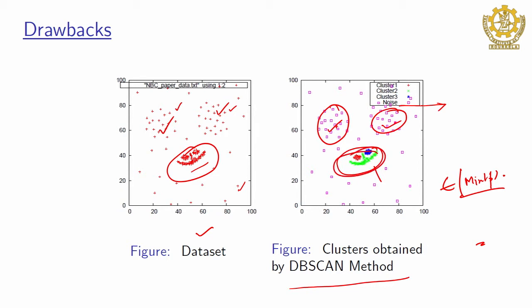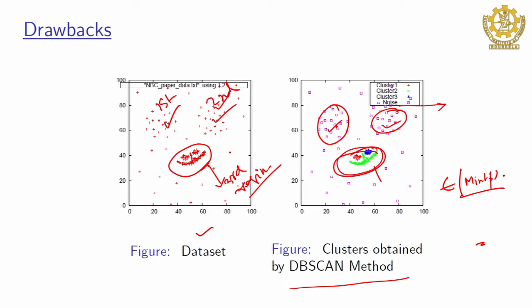Why is this happening? Because as you can see from the data set, look at the density of this region, and this region, and this region. The density of the third region varies heavily compared to the first and second regions.